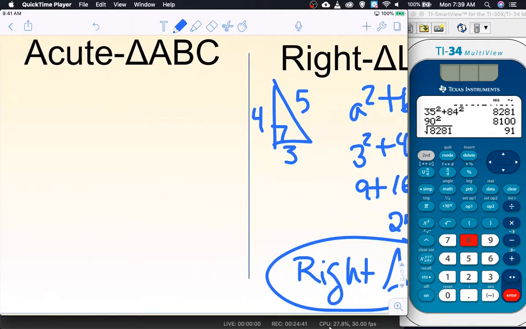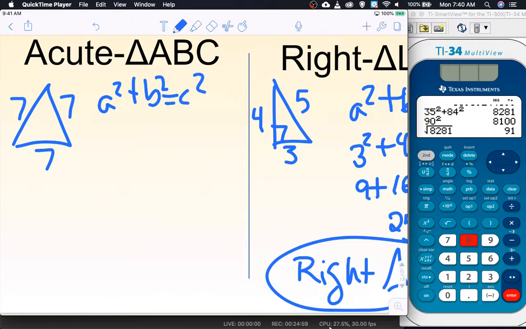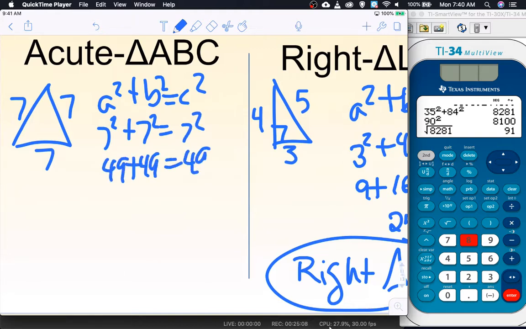An acute triangle. Well, a guaranteed acute triangle from earlier in the lesson would be an equilateral triangle, something with all 3 sides the same. So how about that? 7, 7, 7. A squared plus B squared equals C squared. 7 squared plus 7 squared equals 7 squared. 49 plus 49 equals 49. 98 equals 49.